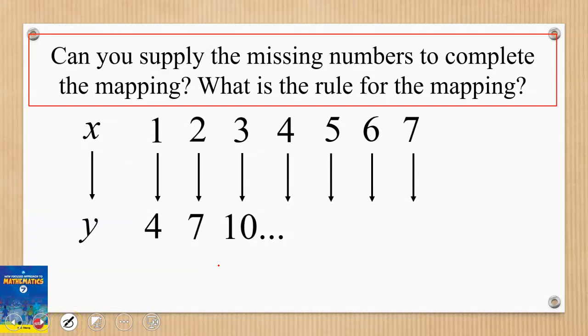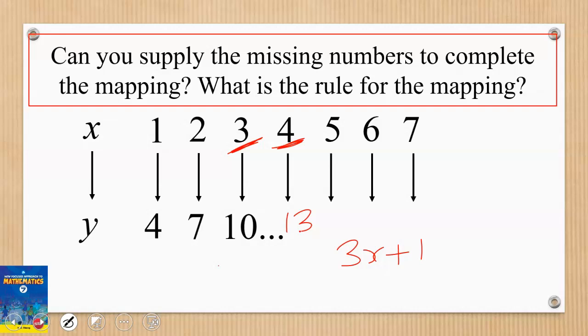If I multiply 3 by the X value and add 1 to it, I get the result. Because if I multiply 3 by 3, it gives me 9. 9 plus 1 is 10. If I multiply 4 by 3, I get 12. 12 plus 1 is 13. And that is why we had 13 over here from the onset.